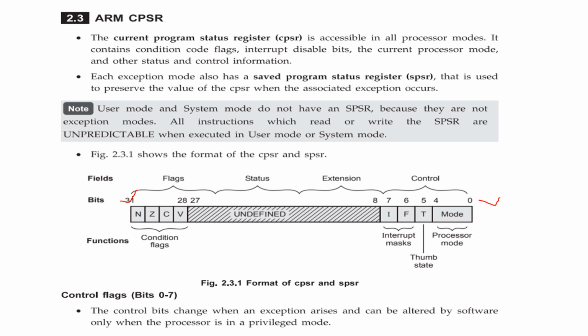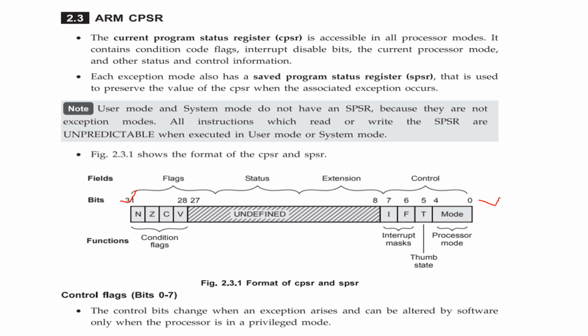These are 5 bits, specifically assigned for the processor mode. There are a total of 6 processor modes: user and system, fast interrupt request, supervisor, abort, and undefined. Based on the bit combination, the processor will know which mode it wants to operate in.